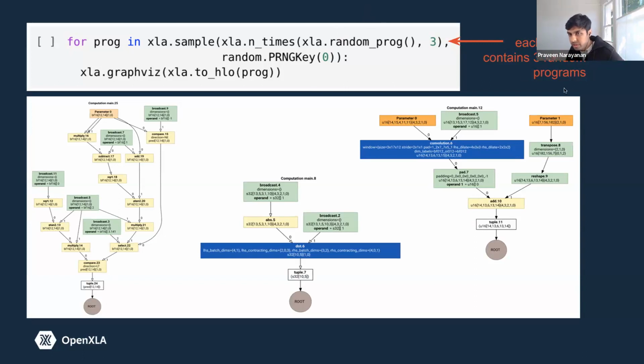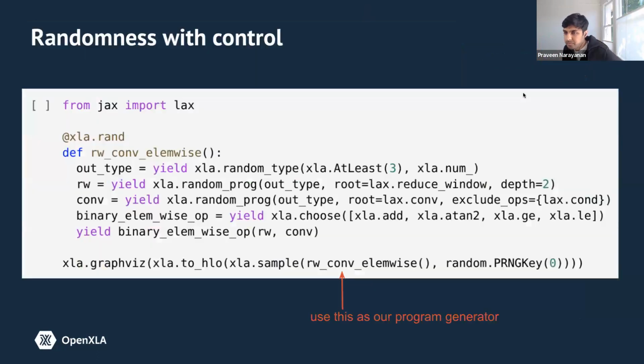So here too, we didn't actually specify anything about the structure of the program that we want, but simply by invoking n times count, we get multiple programs. So this is just another example of how one can express random valid programs. Next slide, please.